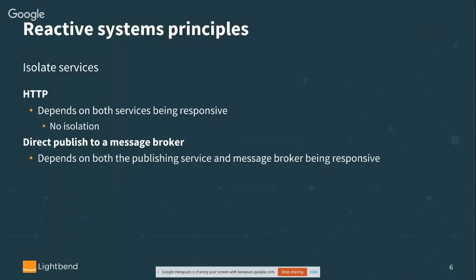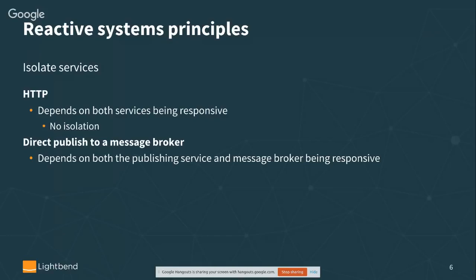There's still a dependency here, because it means the service that is trying to complete the operation must be responsive at the same time as the message broker. And if, for example, that service does an operation and then tries to publish a message to the message broker and the message broker isn't responsive, then that operation is going to only partially complete.